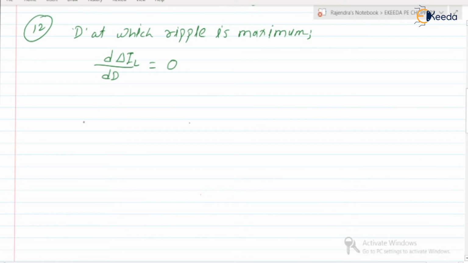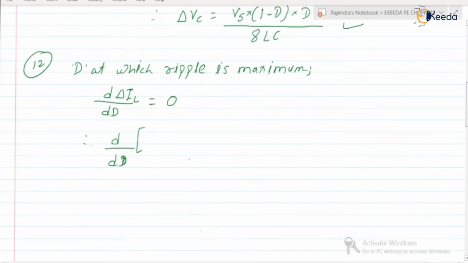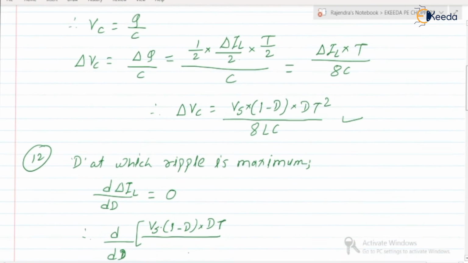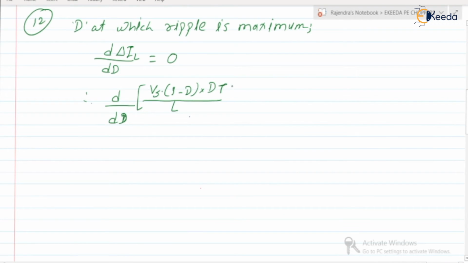Therefore we can write d by dD of this delta IL. What is the delta IL? Delta IL is equal to Vs into (1 minus D) into DT divided by L. We need to equate the derivative to 0. So it is Vs by L into (1 minus D) into DT.